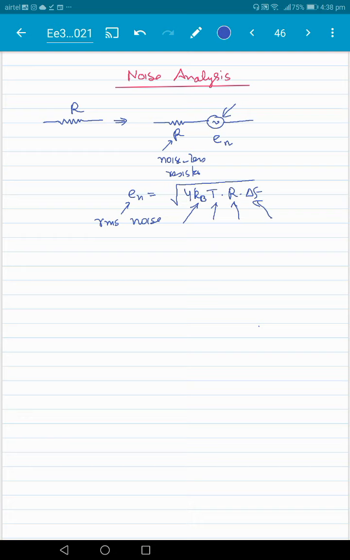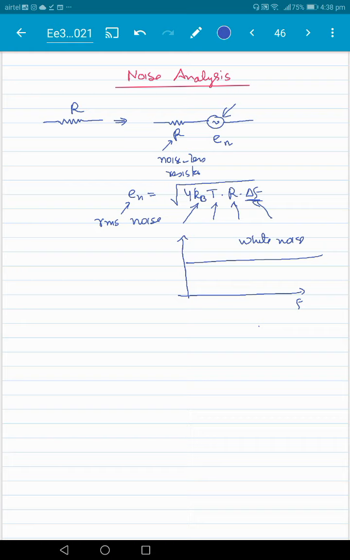That is because when we take a resistor like this, the power spectral density of the noise is white noise. In your circuit, the amount of noise that a resistor contributes depends on the frequency range over which we are looking at the noise.